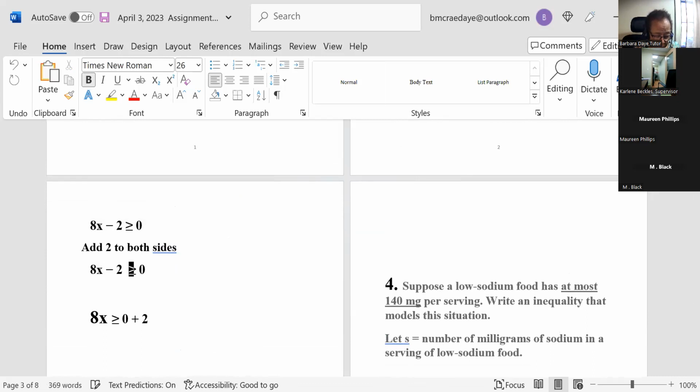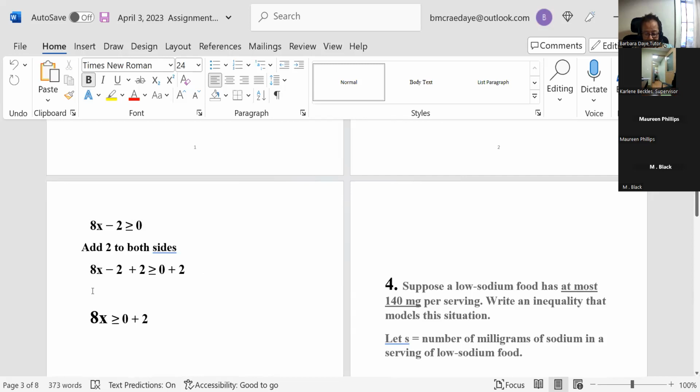There we go. And add the 2 on the right. And what do we get? The +2 minus 2 is 0, because that's 8x left, and then 0 plus 2. Mercedes, you clear on that?